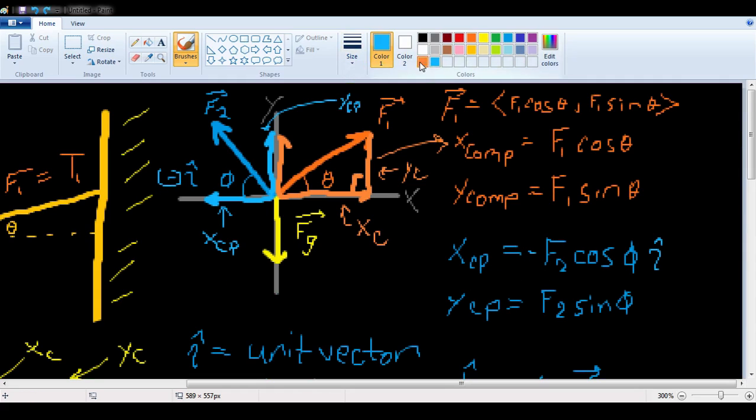And then I'd come up to my other component, and that's pointing in the positive i direction. So I just add an i. And now I just turn my components from scalars into vectors. Yay!